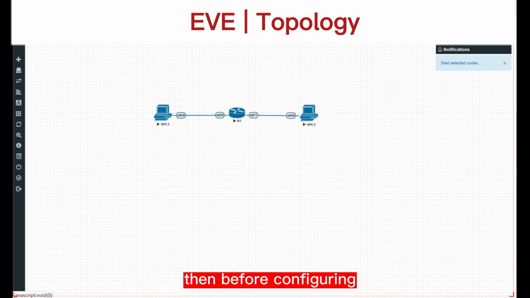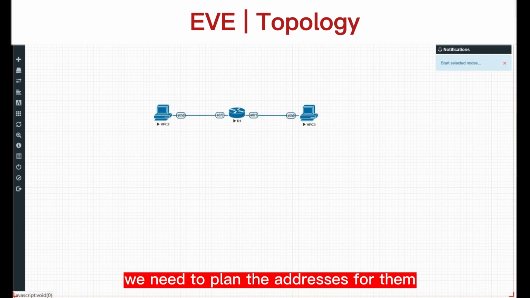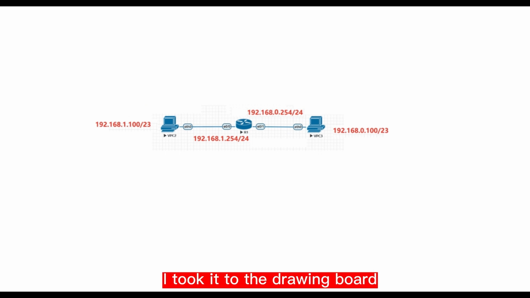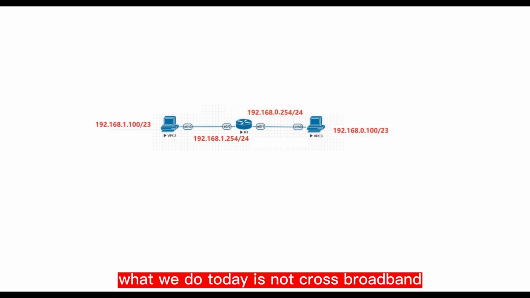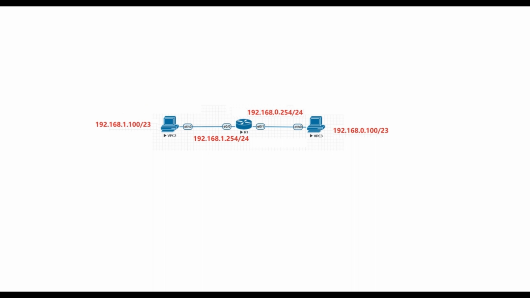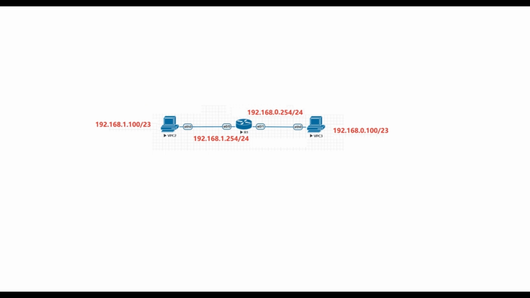Before configuring, first of all, we need to plan the addresses for them. I took it to the drawing board. We plan the address. What we do today is not cross-segment. We are doing the same network segment. Suppose the IP address of the PC on the left is 192.168.1.100.